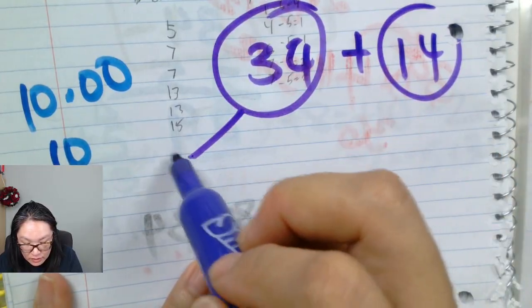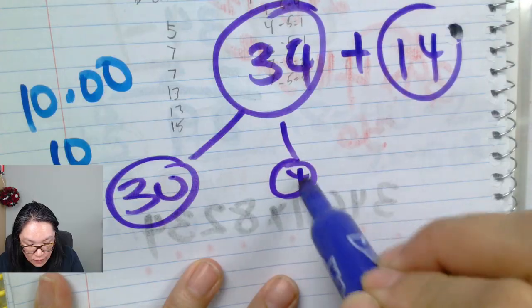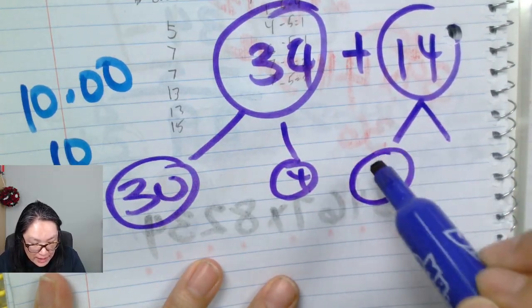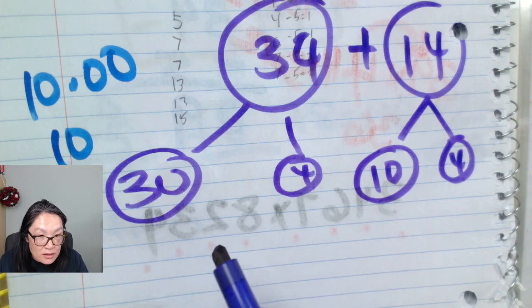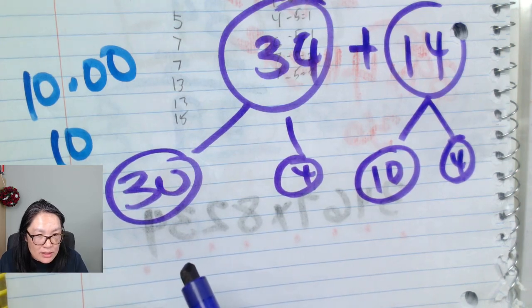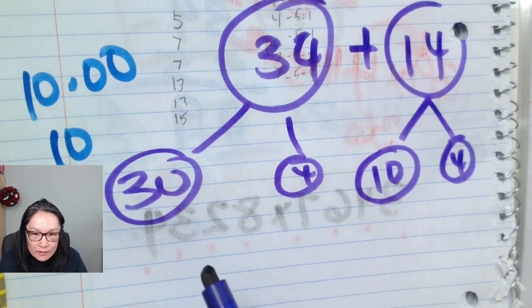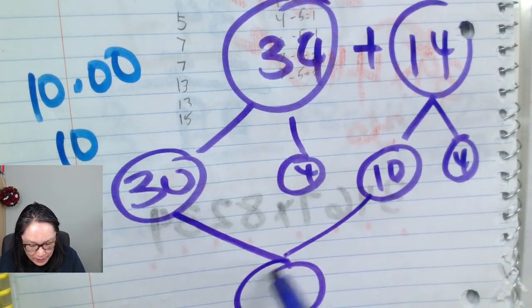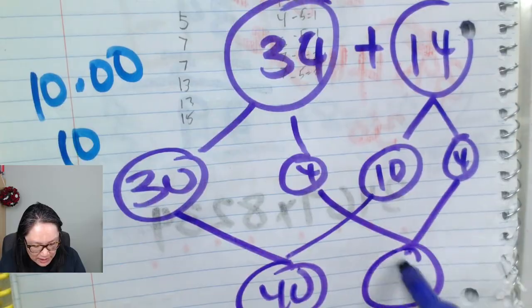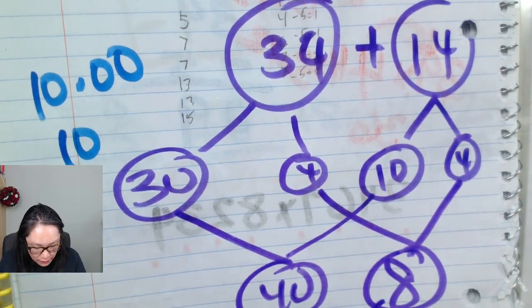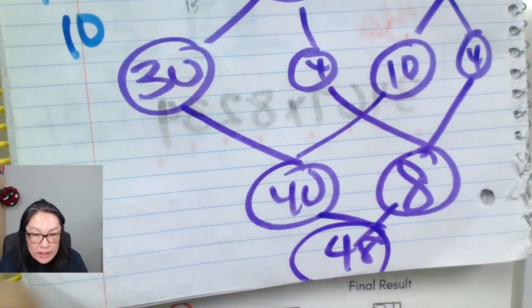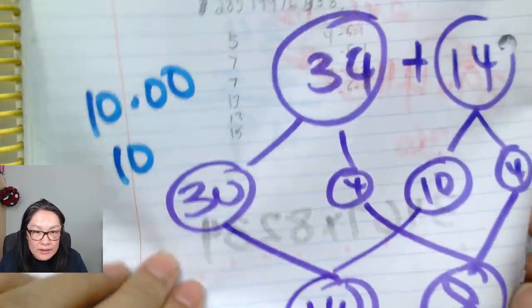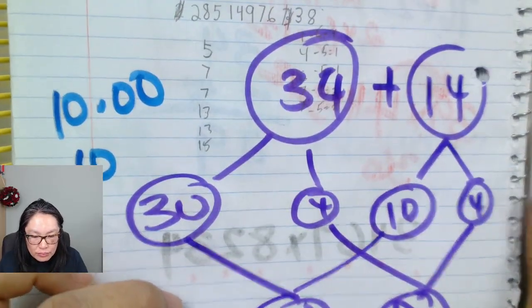They broke it up into 30 and 4, and then 10 and 4. Then they added this, and that becomes 40, and then they added this, and it becomes 8, and then they added those together, and it becomes 48. That was one strategy the teacher I saw used, and I'm like, that's really long.